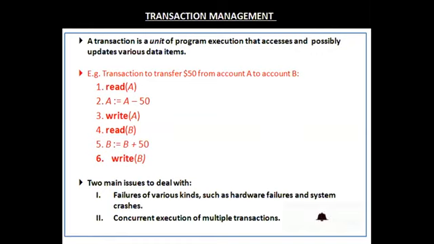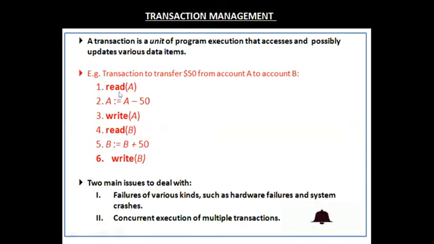If you execute these 6 steps, then your transaction is successful. If you miss even a single step among these 6 steps, that will be an unsuccessful transaction. So if you transfer the funds from account A to account B, obviously you have to follow these 6 steps. In your entire database management system, especially in the transaction management topic, these 6 steps are important.